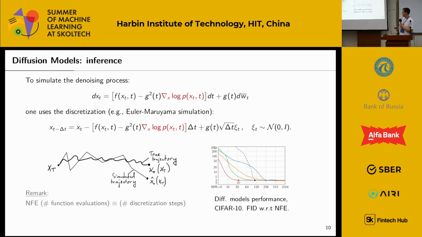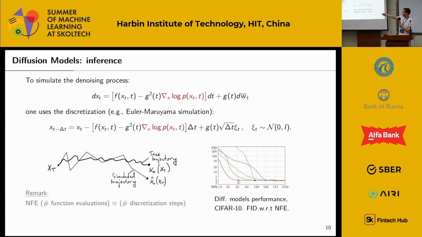So this slide was in the first presentation as well. We need to simulate the trajectories of our backward diffusion equation, and this is done by standard schemes like Euler discretization.